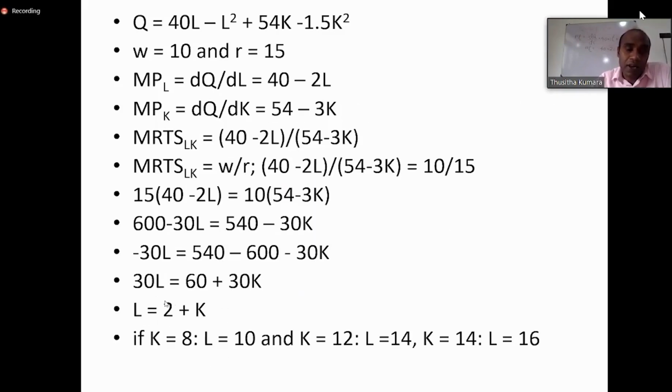In fact, what we have done, we took MPL, MPK, and then we substituted those MPL and MPK values into this efficiency condition.